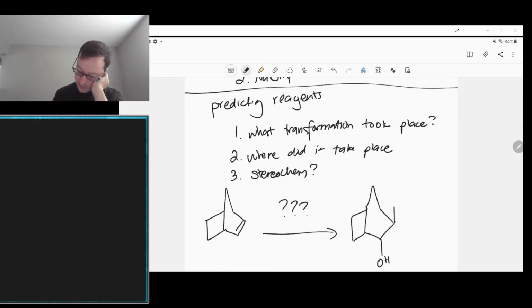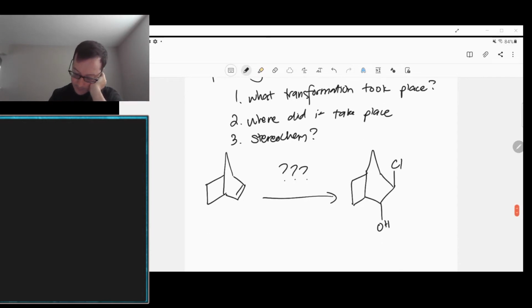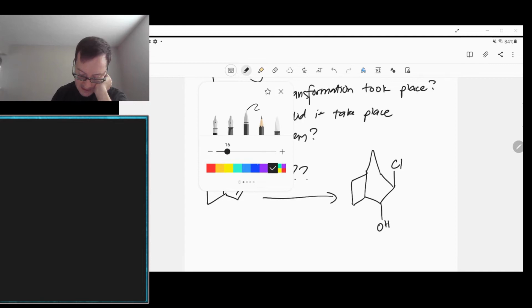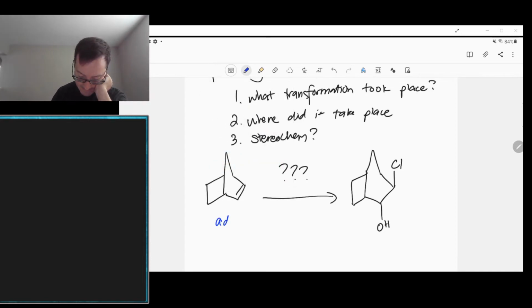Let's use chlorine. I feel like we've used bromine too many times today. So, what's going to happen with this? We have to think what took place. In this case, we have added a halogen and an alcohol.